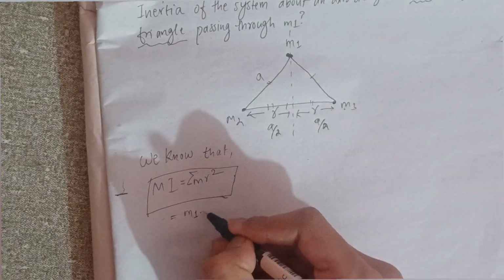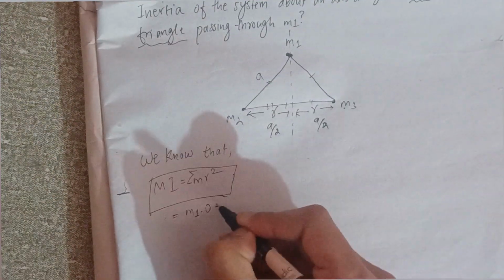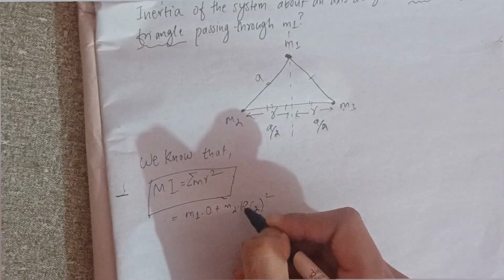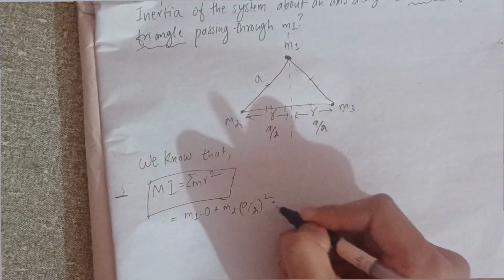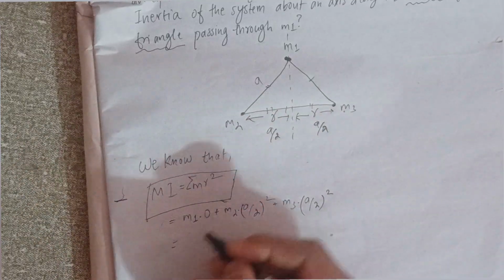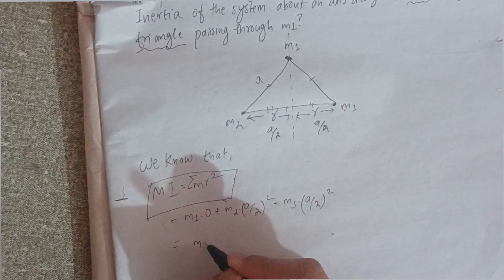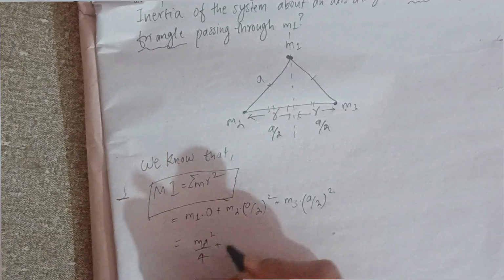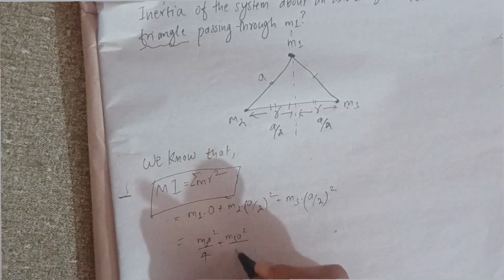That is m1 into 0 plus m2 into a by 2 squared, mr squared, right, plus m3 into a by 2 squared. So this will be m2 a square by 4 plus m3 a square by 4.